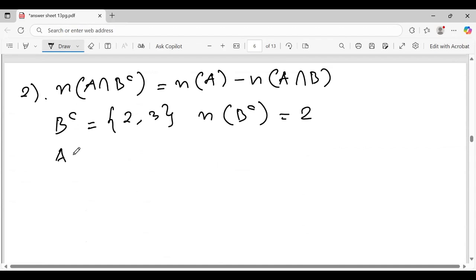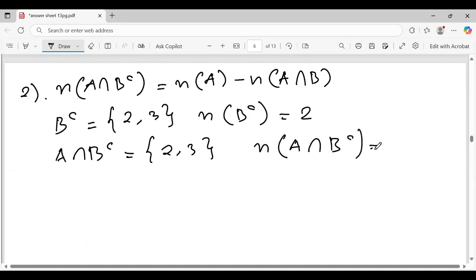A intersection B complement elements are 2 and 3, same as B complement, so n of A intersection B complement equals 2.